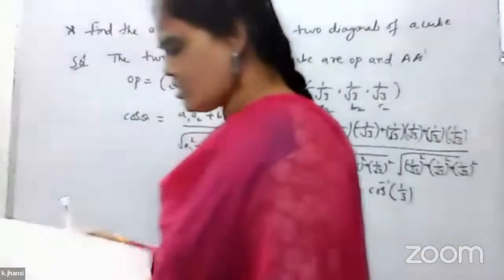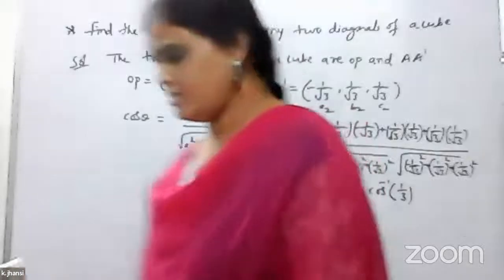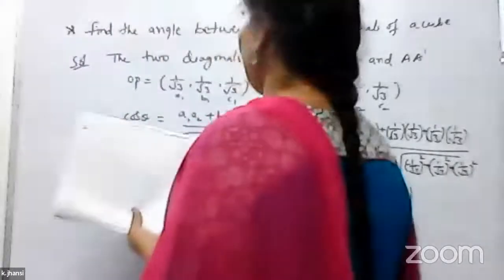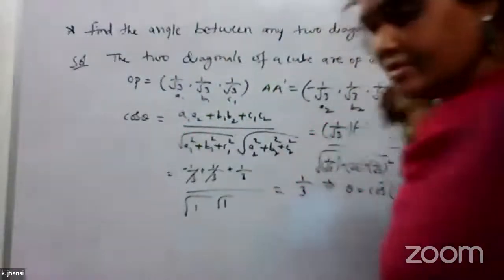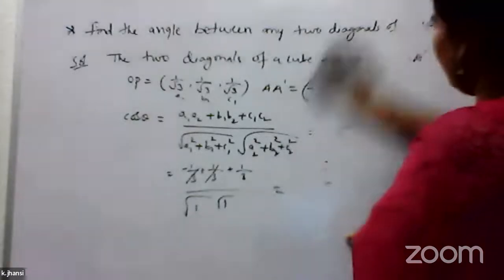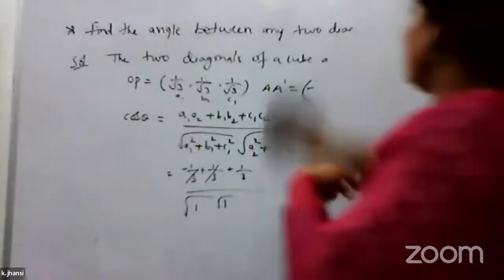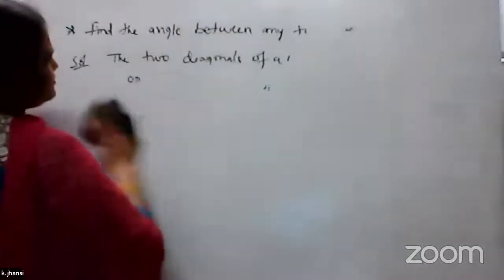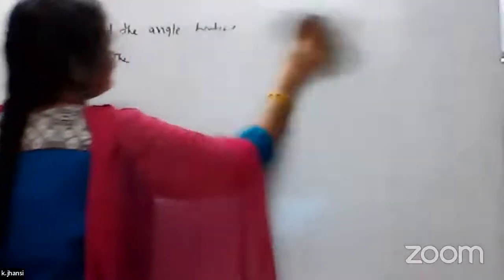So the direction cosines given are L plus M plus N. After this problem, we'll go to the second unit. So page number 39, question 20.